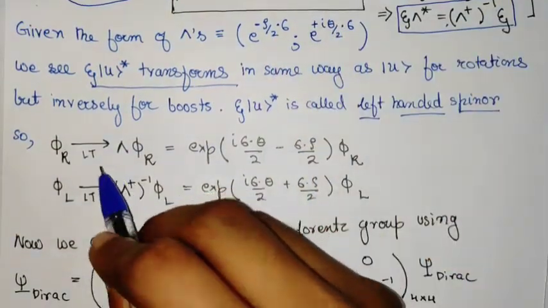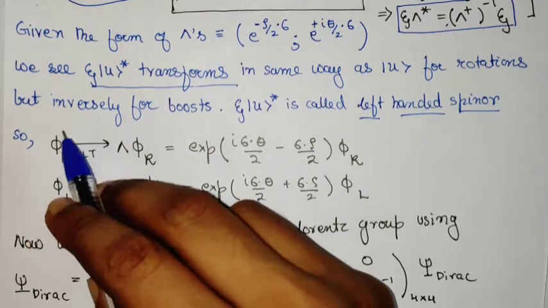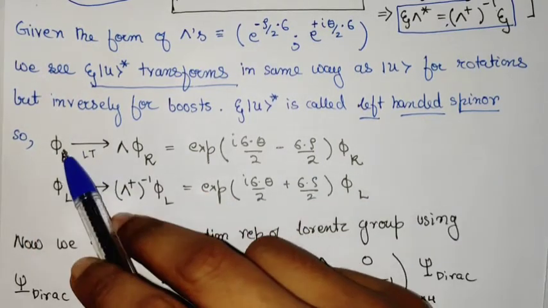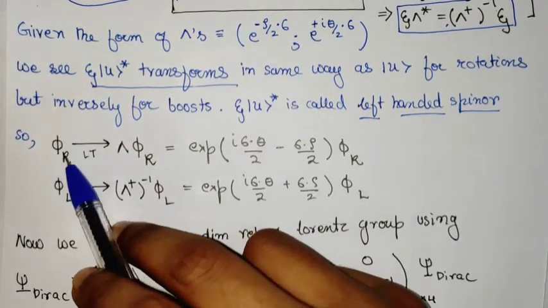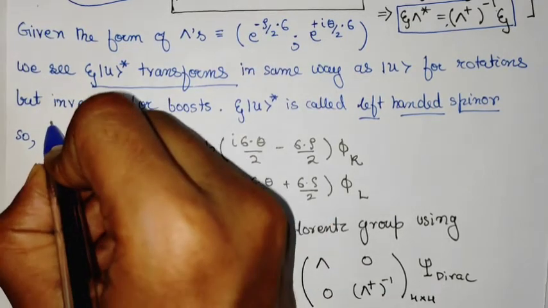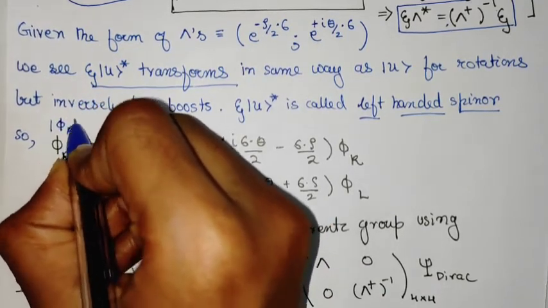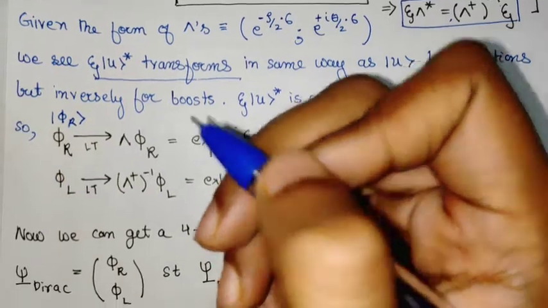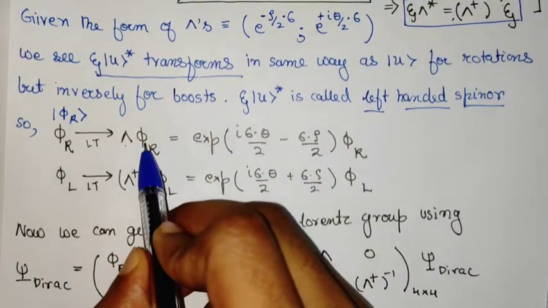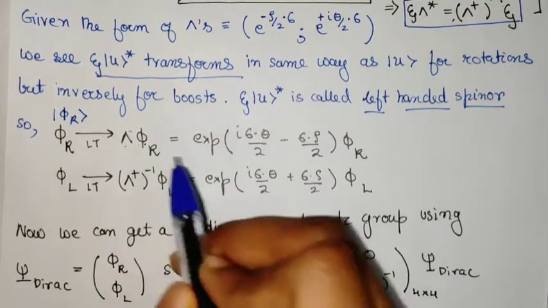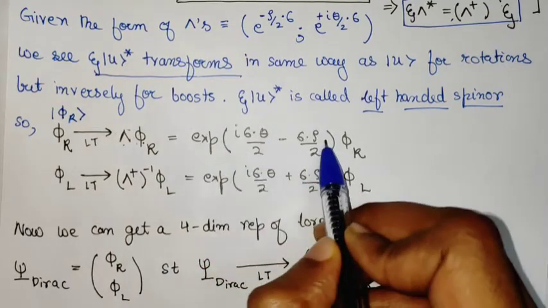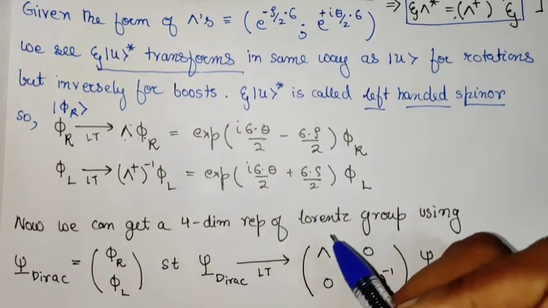So now we remove the bracket notation, and we simply write that this phi r is a normal spinor, and under Lorentz transformation it transforms in this fashion. And this Lorentz transformation can be written like this, that we saw just earlier.